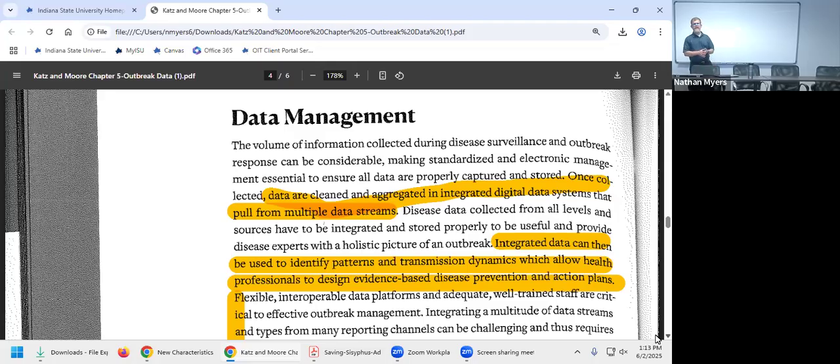So integrated data, if it's available, can then be used to identify patterns and transmission dynamics, which allow health professionals to design evidence-based disease prevention and action plans. So again, ideally, we want our response to an outbreak or a pandemic to be evidence-based.